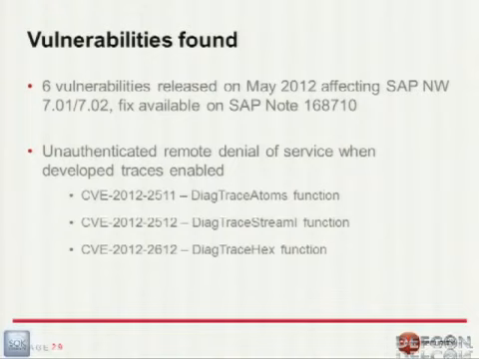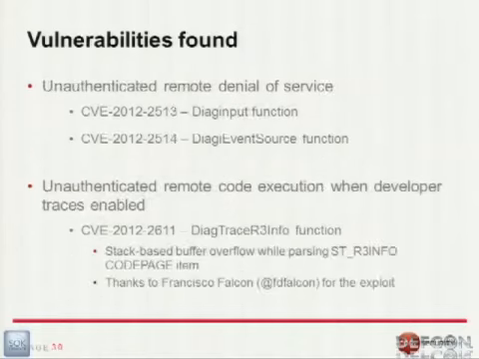These issues were fixed in May by SAP, and 5 of the issues are denial of service vulnerabilities. 3 of them require that you enable the developer traces on the application server, and there are 2 more that do not require that feature to be enabled, but all can be triggered by an authenticated and remote attacker.